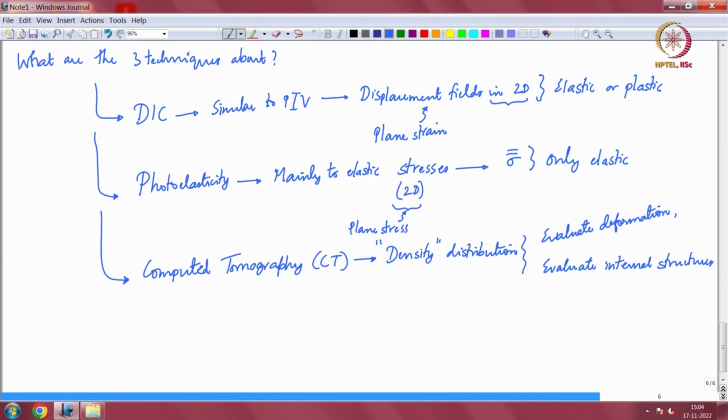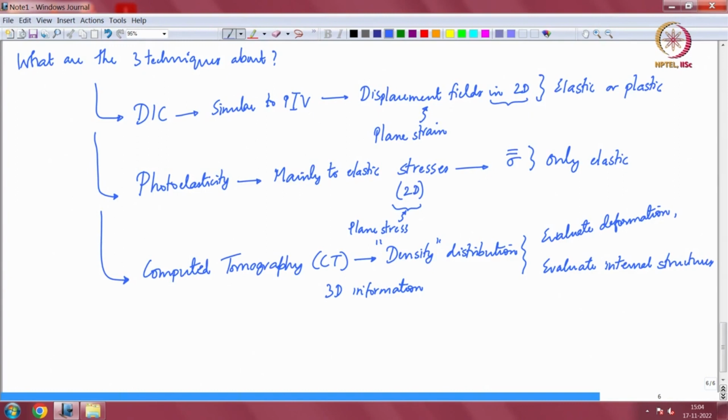Since you are directly determining the stress and the system has to be 2-dimensional presumably, this is a plane stress system and the first one is a plane strain system. For tomography it is completely 3-dimensional. So you get full depth information once you run a single CT scan and evaluate the information from here.